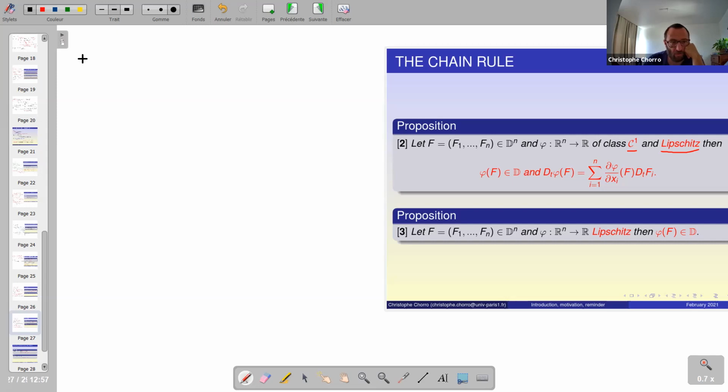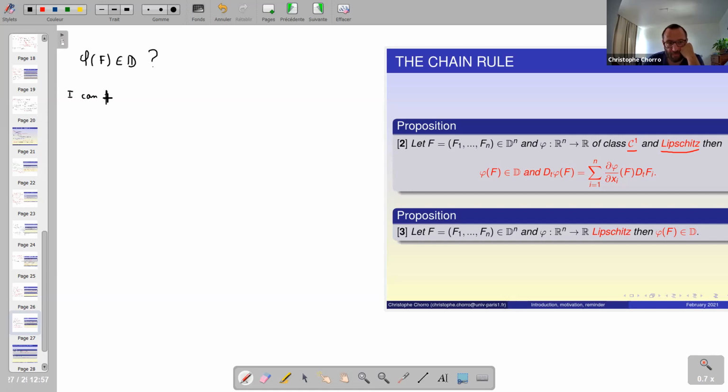So to prove that phi of f belongs to D, what do I have to prove? One way to do it is the following.